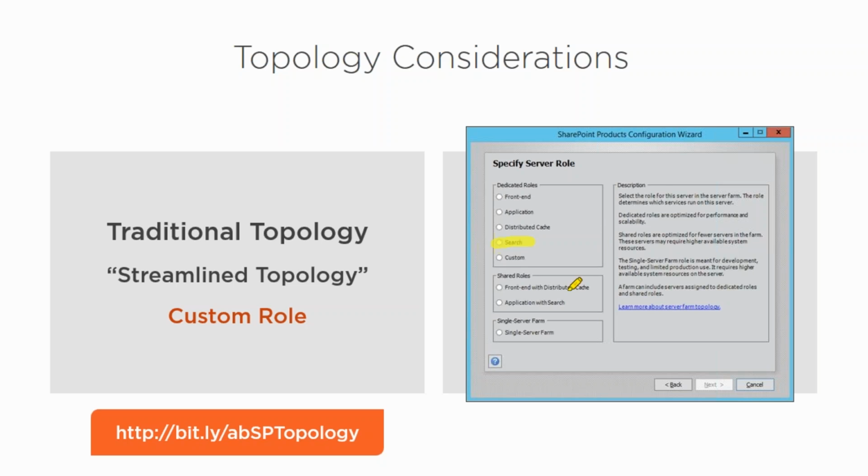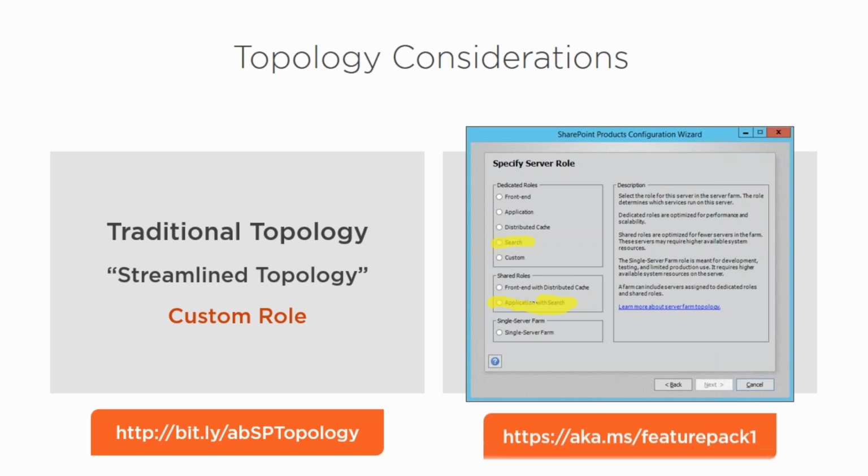And after Feature Pack 1 rolls out, you'll be able to choose application with search. So this means that you can have dedicated servers that are running search, and it is up to the software now to decide what servers are supposed to be running. So we can let the software manage itself. And if you want to learn more about the topologies and Feature Pack 1, there's an AKA down here that will get you all the information you want on Feature Pack 1.